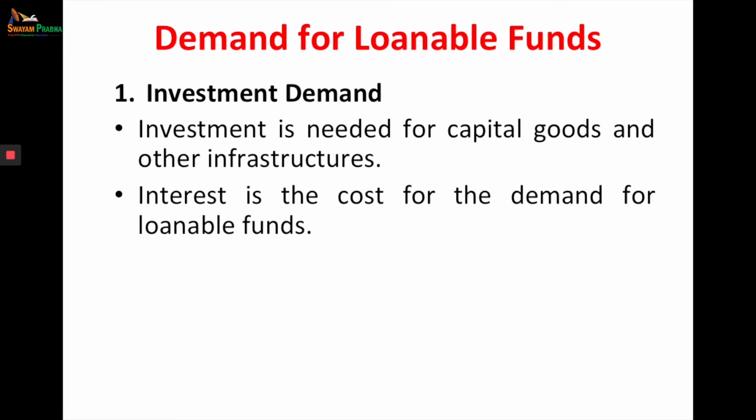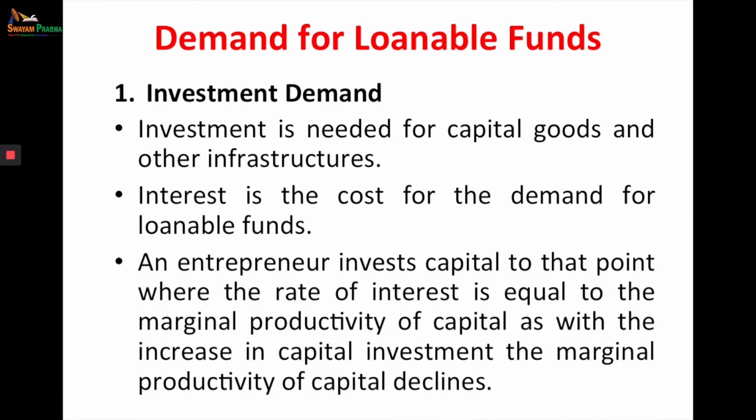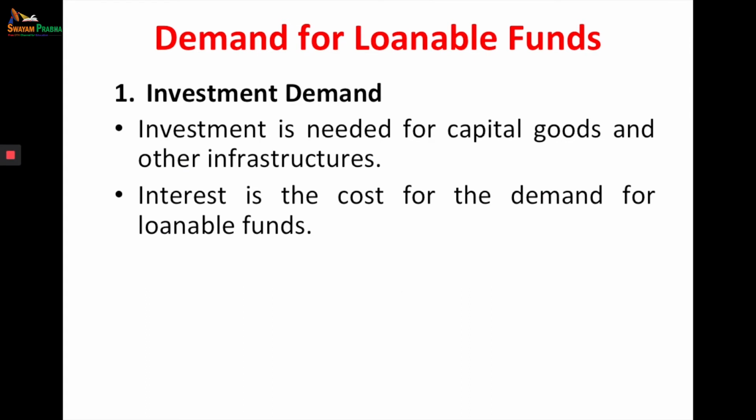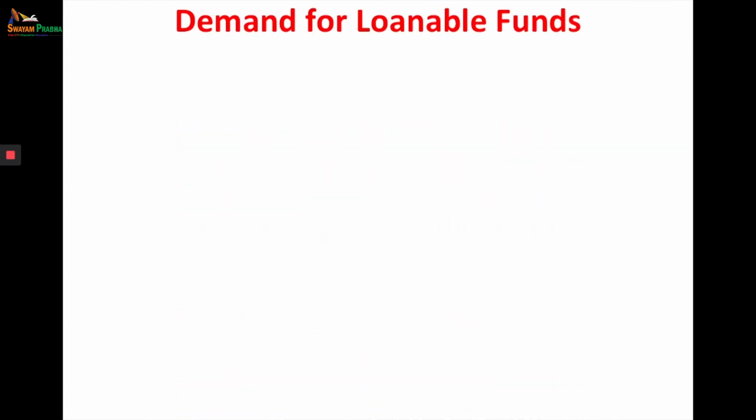Interest is the cost of demand for loanable funds according to this theory. An entrepreneur invests capital up to the point where the rate of interest is equal to the marginal productivity of capital. With the increase in capital investment, the marginal productivity of capital declines.